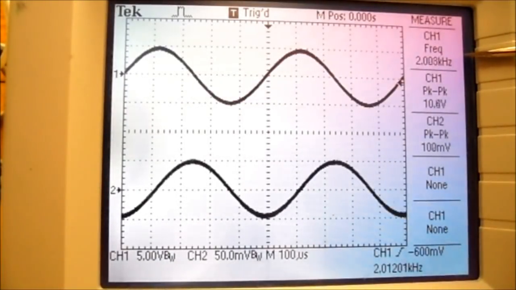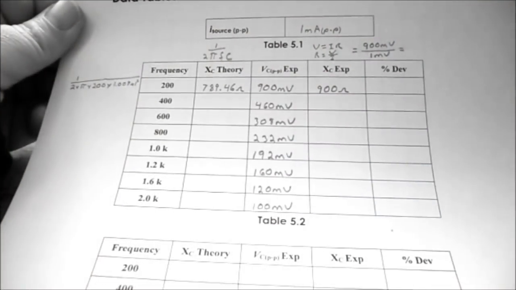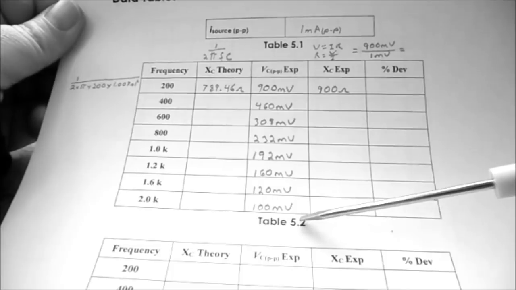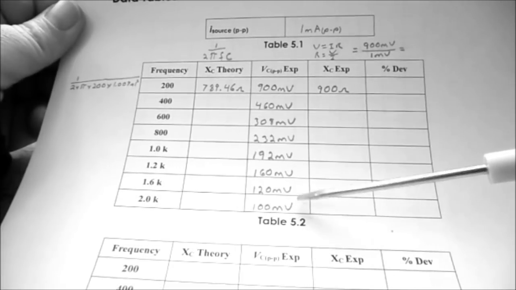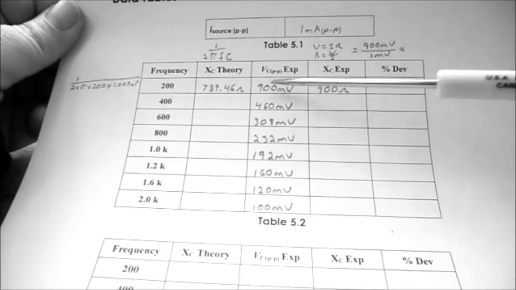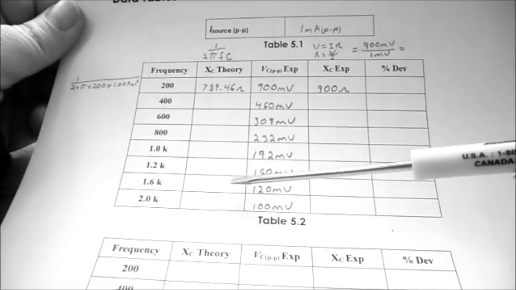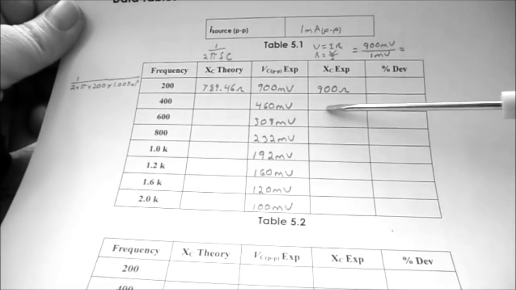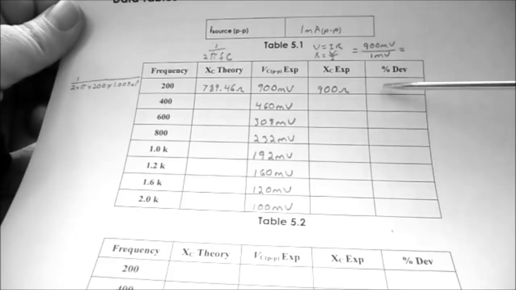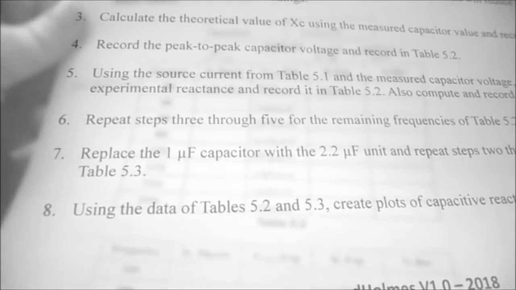At 2 kilohertz, the voltage across my capacitor is 100 millivolts. I've recorded my results in table 5.2, and I'll come back later and do the calculations for theory, XC experimental, and percent deviation.